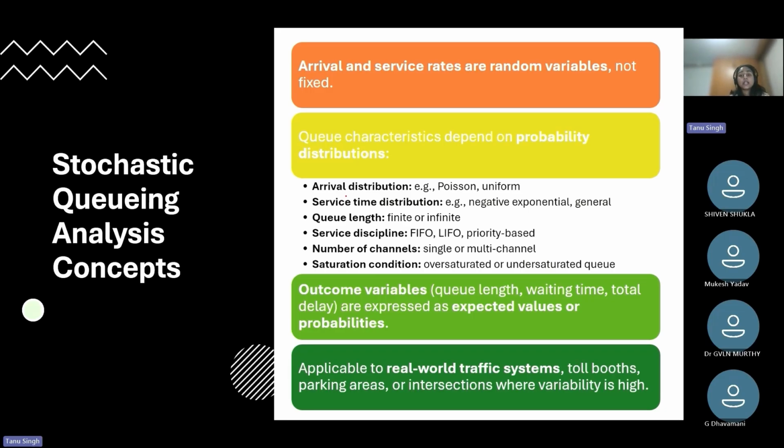Then what is the saturation condition? It is oversaturated or undersaturated. As an example of oversaturated, if a particular number of vehicles remains for more than one traffic signal cycle, then we say it's oversaturated.